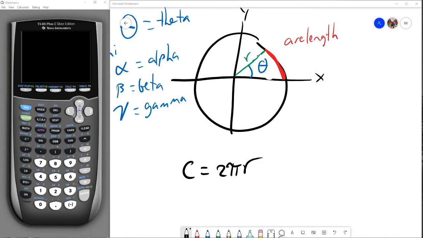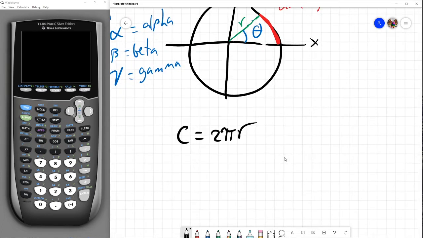Now, the idea then is when we look at this circumference, if we think of a ratio of the circumference to the radius, then that's going to be a constant quantity.